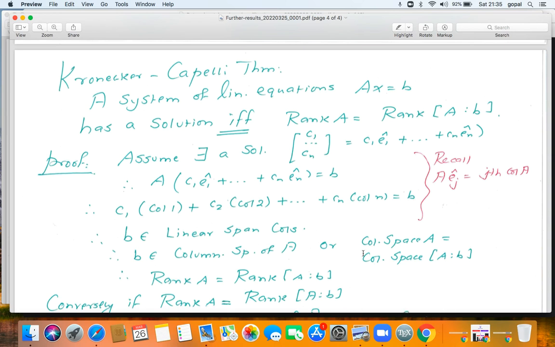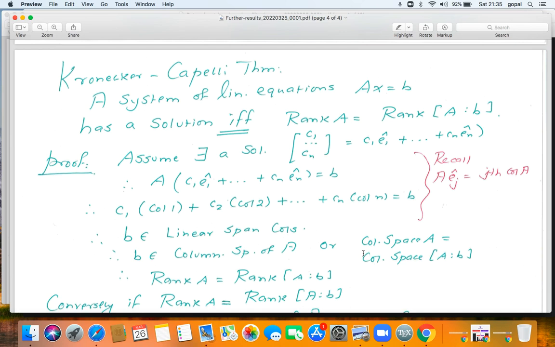Proof is very simple. Assume that the system of equations has a solution. Let C1, C2, ..., Cn, the column vector, be a solution. That means that the matrix A applied to C1, C2, ..., Cn is B. But what is the column vector C1, C2, ..., Cn?